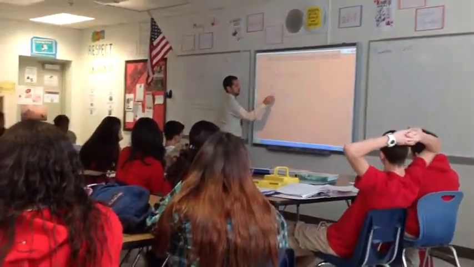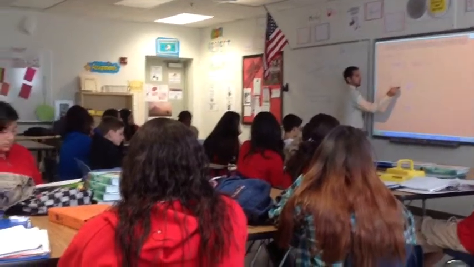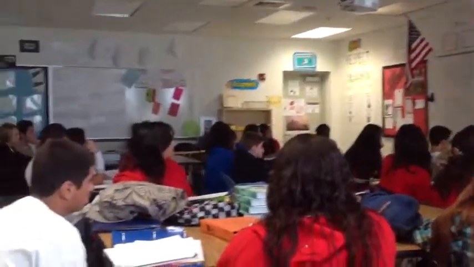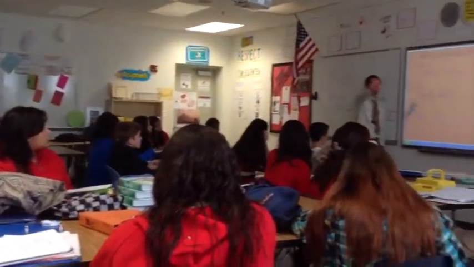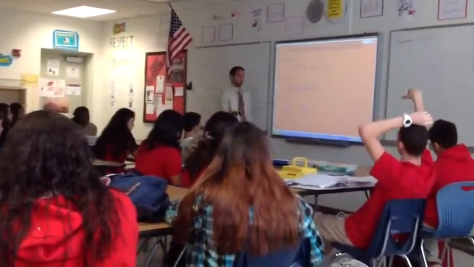M is 2/3, and b does not have any. So what do I put? 0 with a cross. Why can't we put just 0?